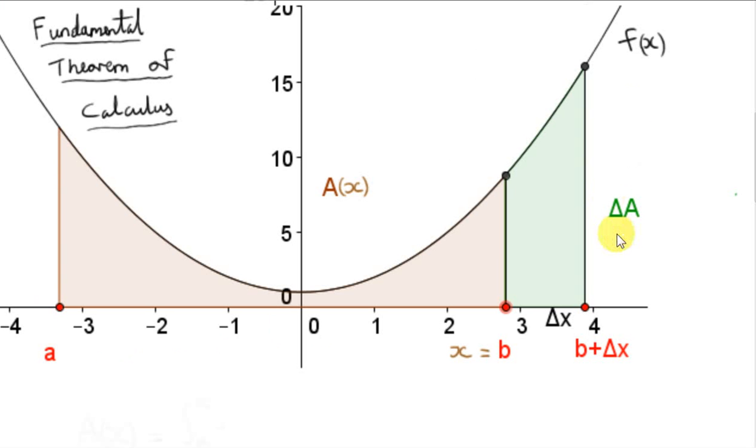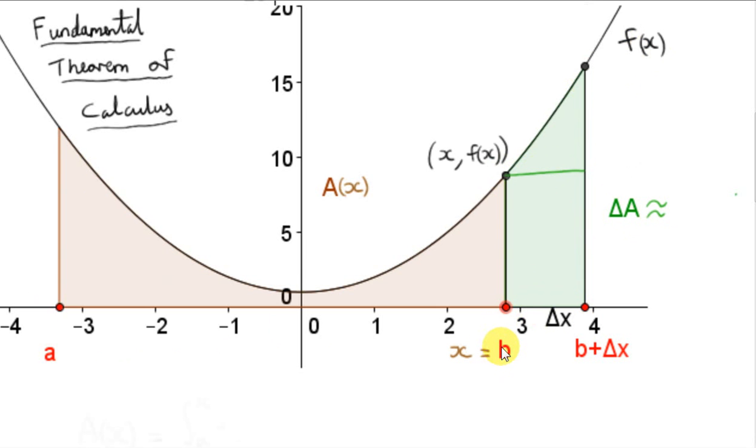What we said about delta a for the function that we saw in the simulation is true in general for any function of x, f of x, at least for the functions we deal with in this course. So I'm using the graph of the function in the simulation, but we can pretend it's any function. We saw that delta a, the area of this region here, can be approximated by the area of a rectangle whose base is delta x and whose height is the value of the function at x.